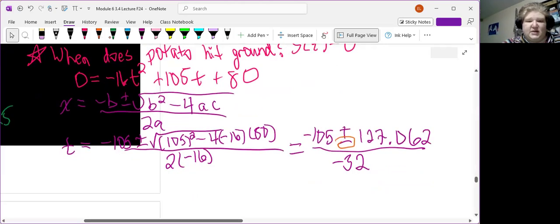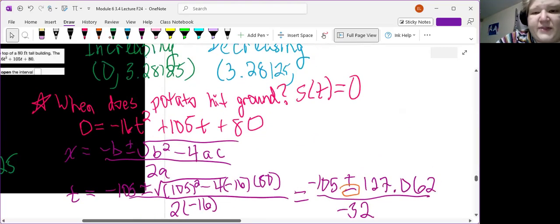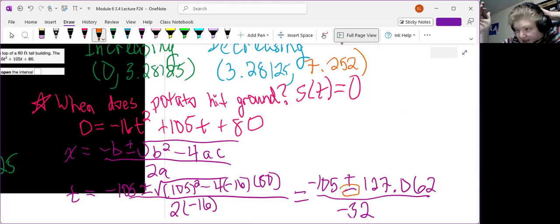And our time number here is 7.25196, and so on. So just 7.252, sure. You probably want to copy more decimals for web work, but meh, that's good enough.